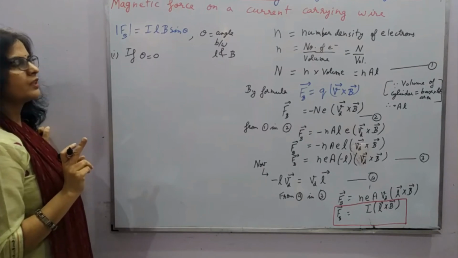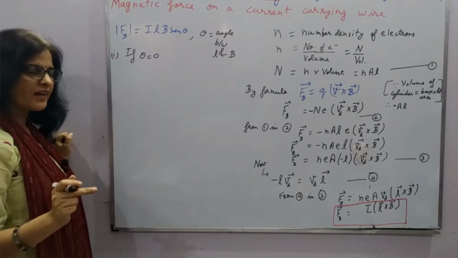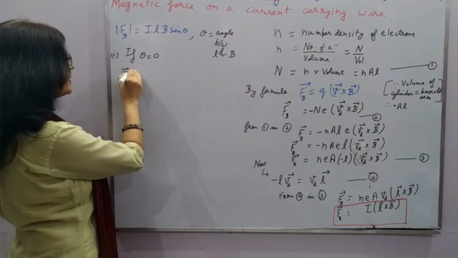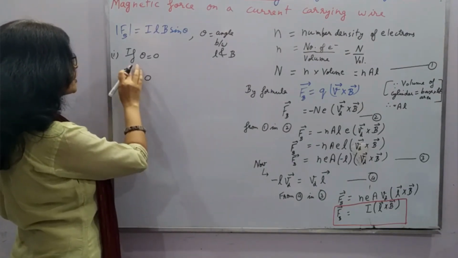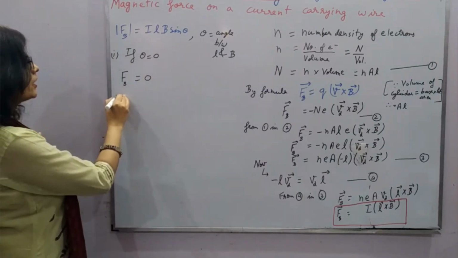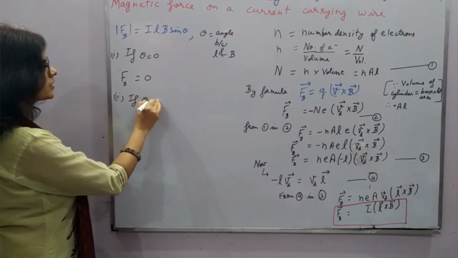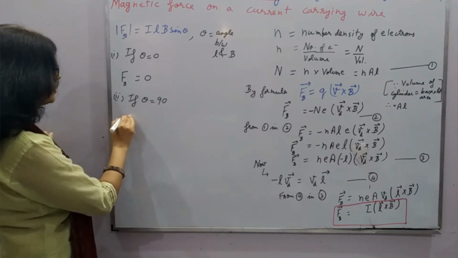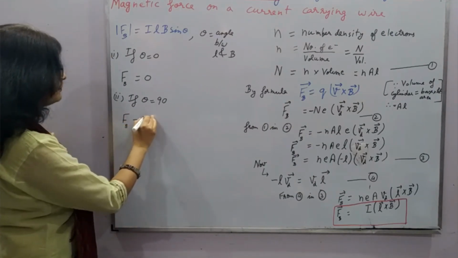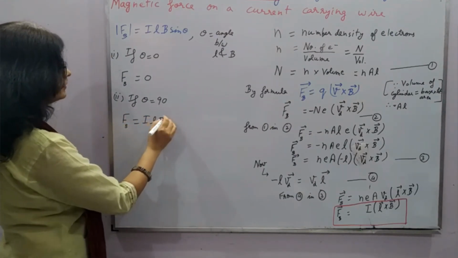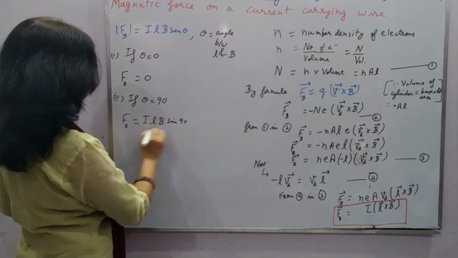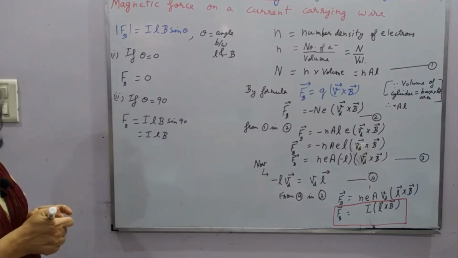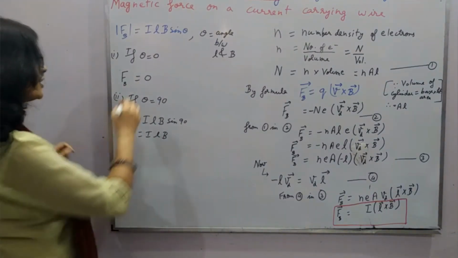If theta is 0, that means the angle between the length of the wire and the magnetic field is 0, then the magnetic force is 0. If theta between the magnetic field and the length of the conductor is 90 degrees, then the magnetic force will be maximum, that is I L B. In short, how do we remember this? BIL sin theta, right? So this is very, very important.